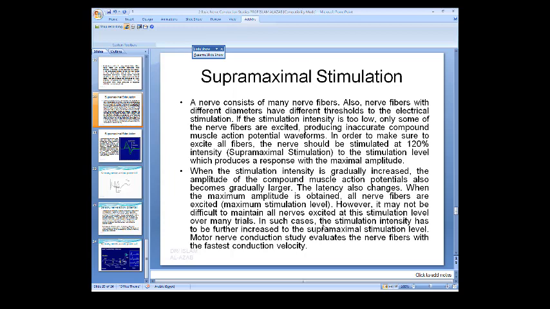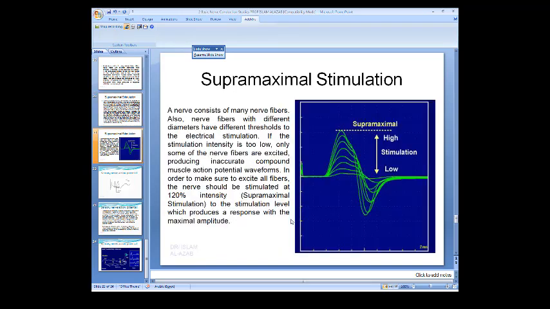In such cases, the stimulation intensity has to be further increased to the supramaximal stimulation level. Motor nerve conduction study evaluates the nerve fibers with the fastest conduction velocity. Here is the figure of the supramaximal stimulation. The first stimulation intensity, and here changing the intensity up till reaching supramaximal.